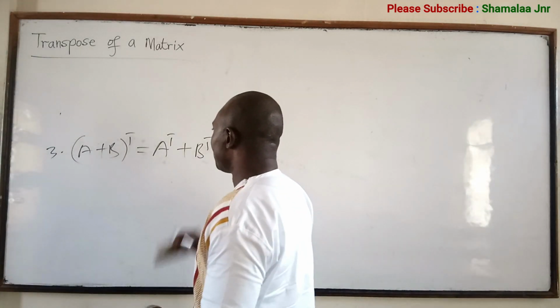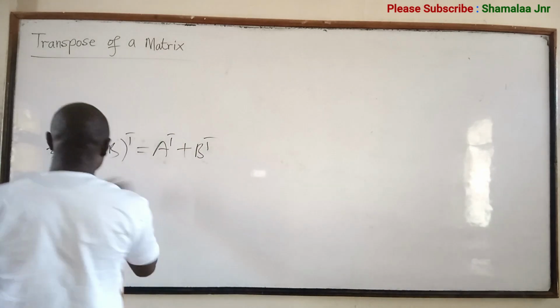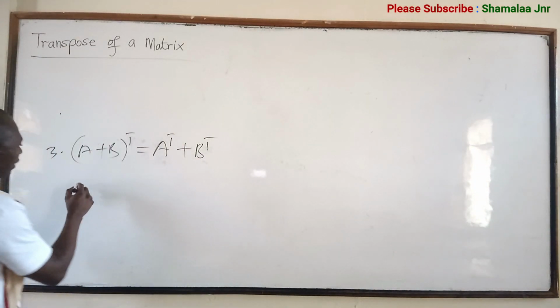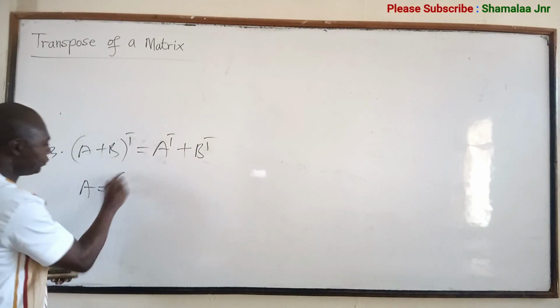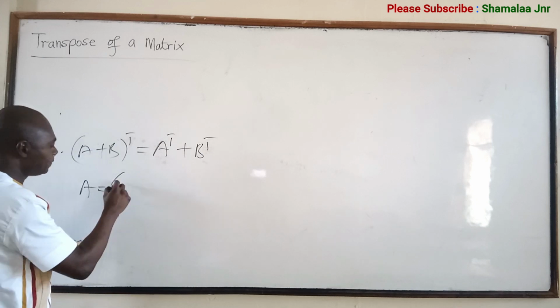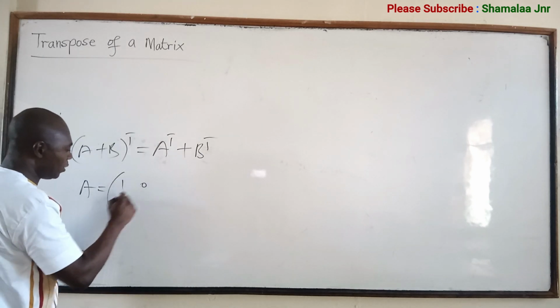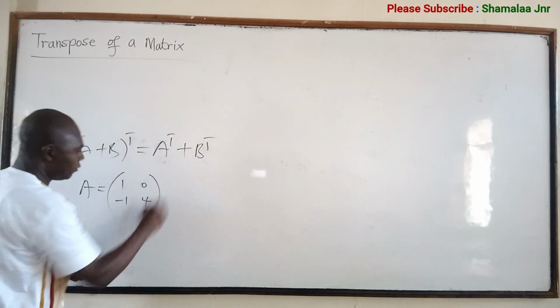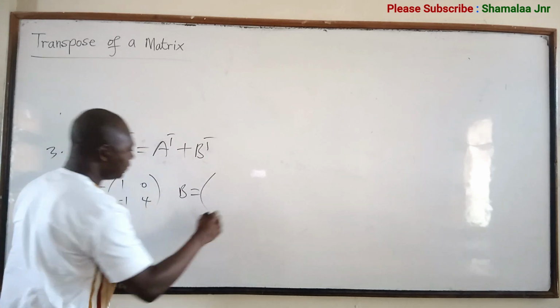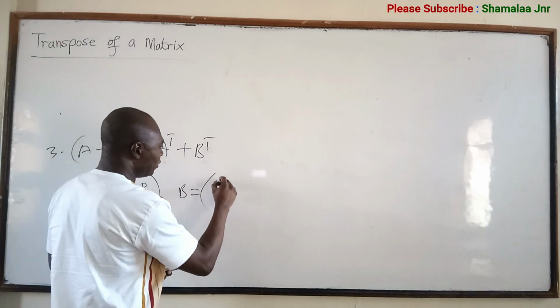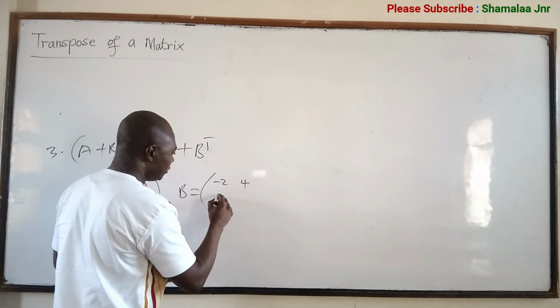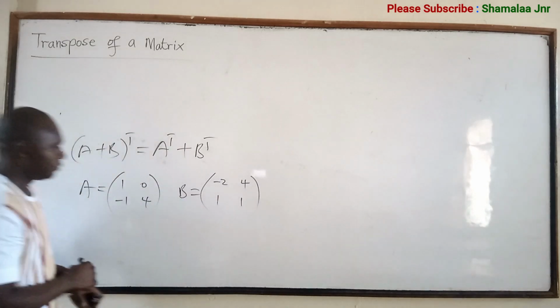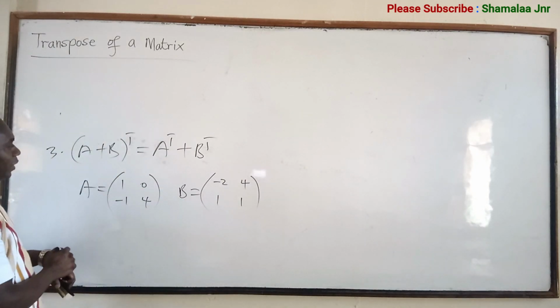Now let me just pick something small. Let me pick an example here. Let's assume that A is equal to, you can write any matrix at all, 1, 0, -1, 4. B is equal to say -2, 4, 1, 1. I just want to verify this.